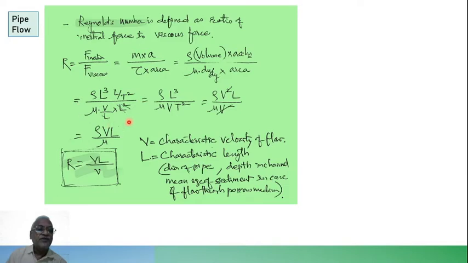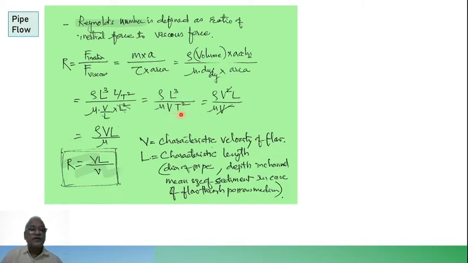Now if you simplify all this, it becomes rho L cube divided by mu V T squared. This T squared has come over here. Mu is kept as it is. This L and this L go with this L squared, so we'll be left with rho L cube over mu V T squared.